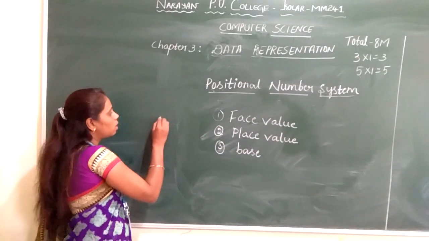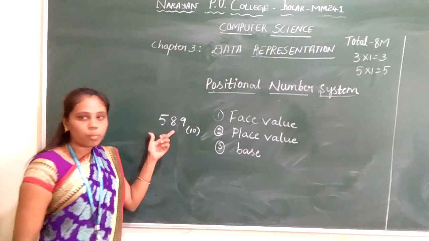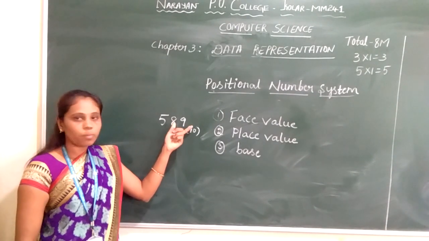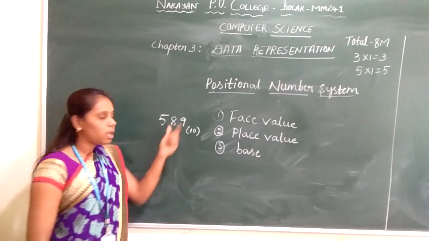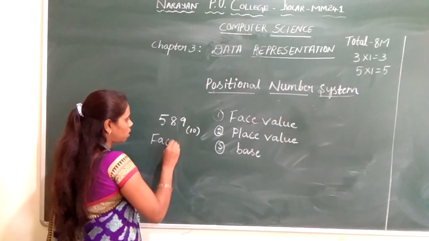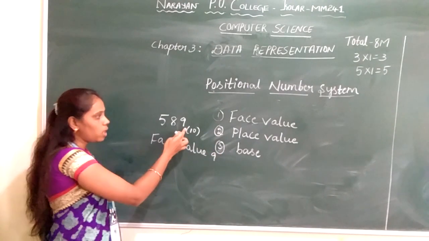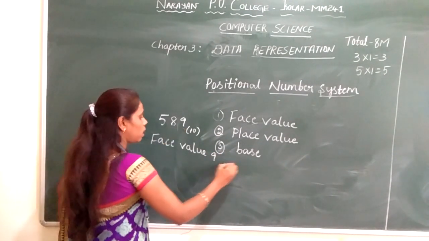So consider this as the example. We'll see the face value of 9 is 9 itself. The face value of 9 is 9 and the place value of 9 is also 9. Why?